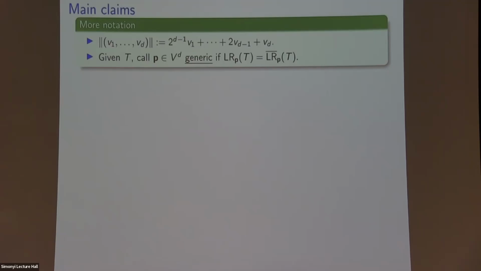So you can think of a generic point as a point where the fact that when I define local rank, I'm maximizing only over the ground field, it doesn't matter. The ground field is rich enough to capture the local rank over any field extension, over the algebraic closure.